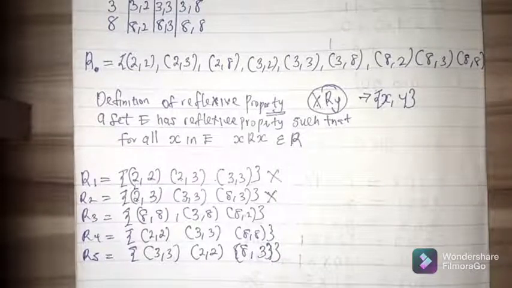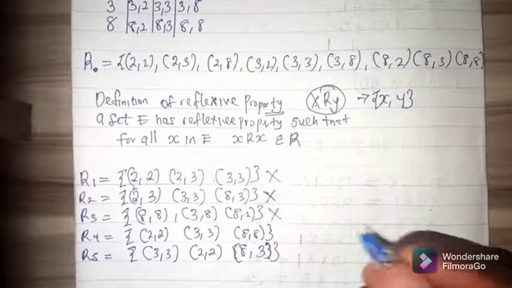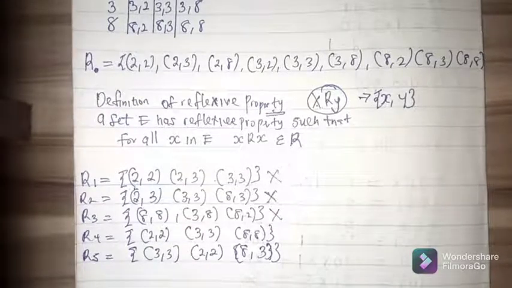8,3 and 8,8 is there, but 3,3 and 2,2 are not there. We're supposed to have 2,2 also, but we don't have it. So this R3 is not reflexive. Let's check R4. Don't forget that we are making our progress with the definition that we have.